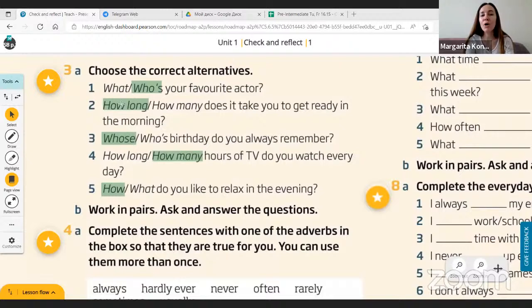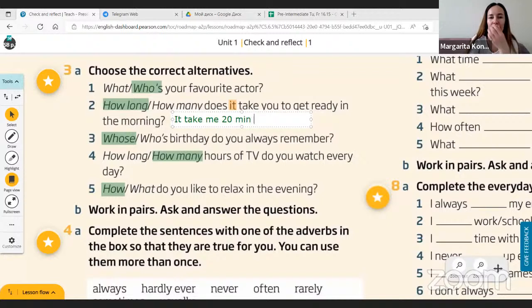The question is, how long does it take you? What is the subject here in this question? The subject is it. So we can start our answer with this subject. Let's try. It, what comes next? It take me, for example, 20 minutes.